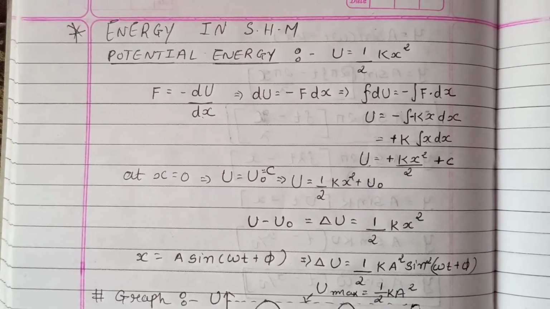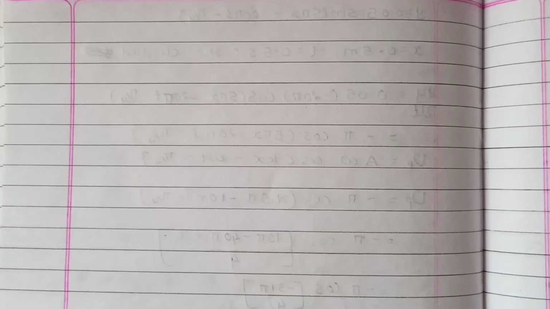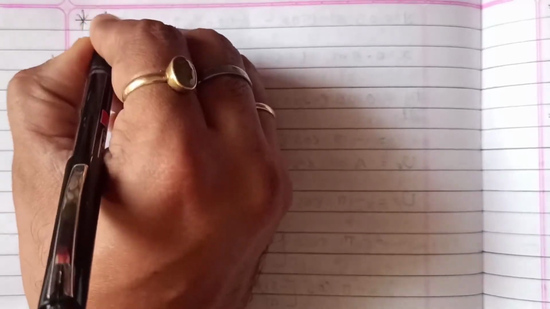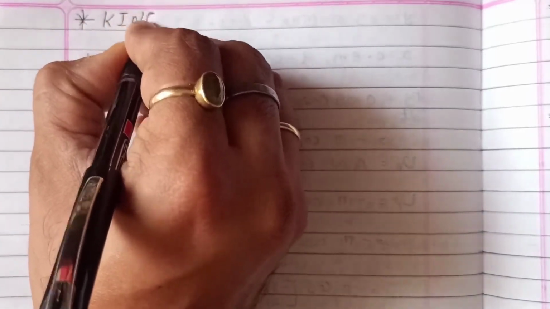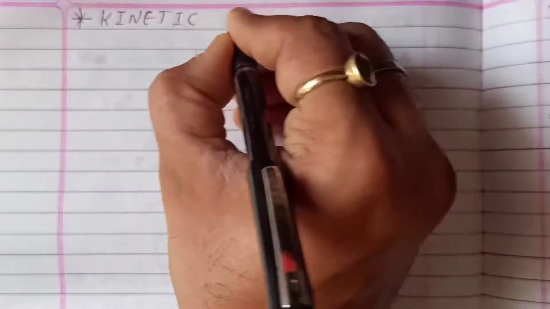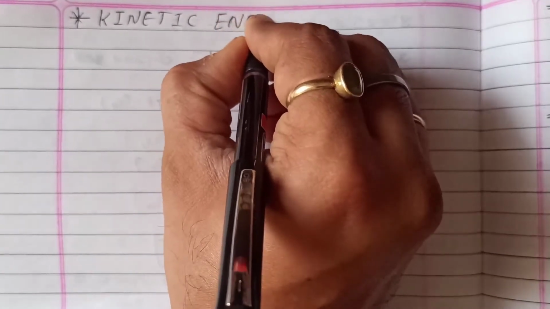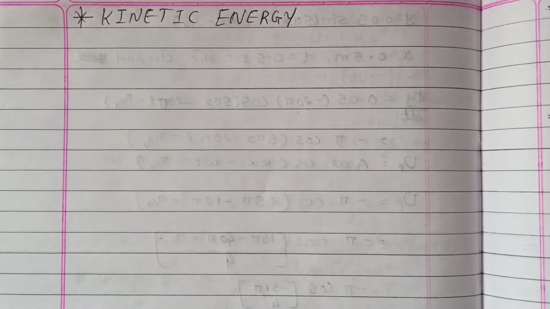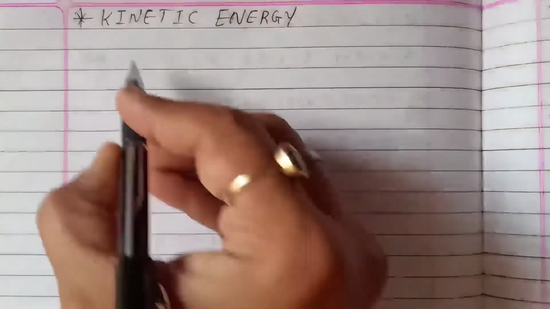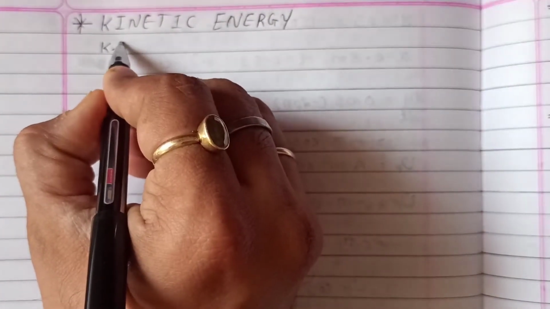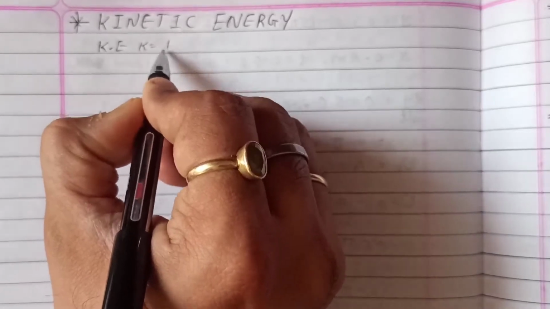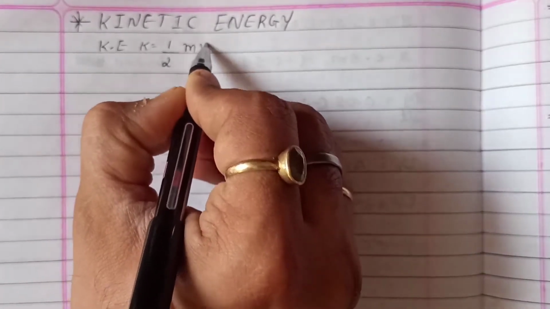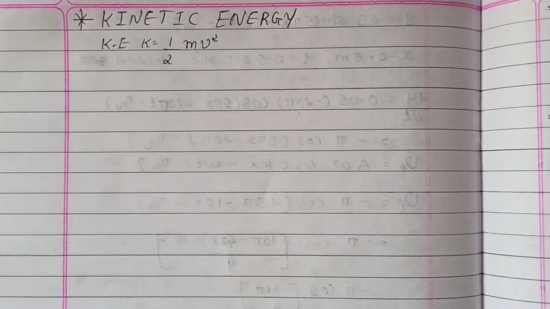Now we discuss kinetic energy. We know the kinetic energy K is equal to 1/2 m v square.